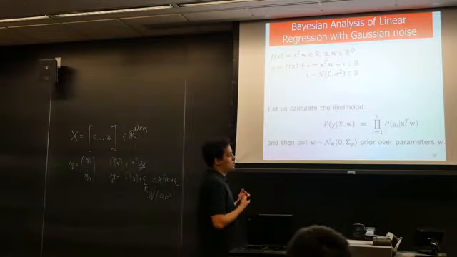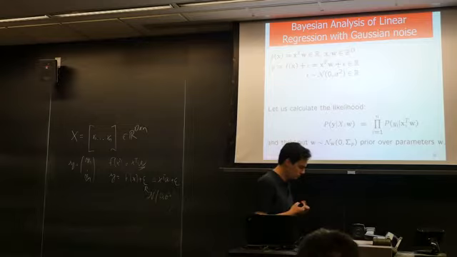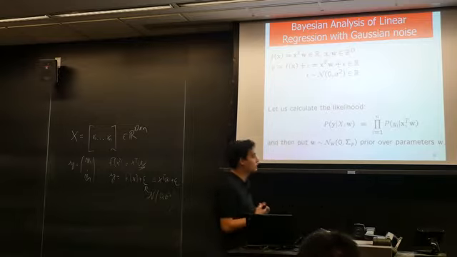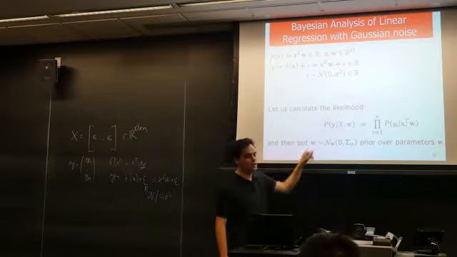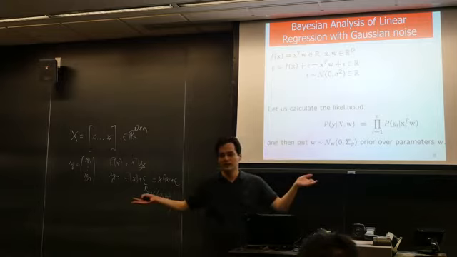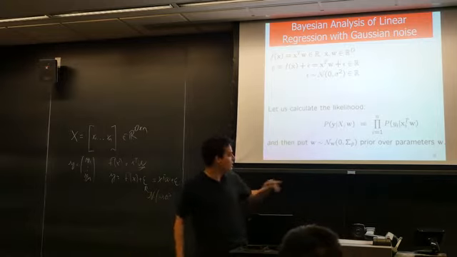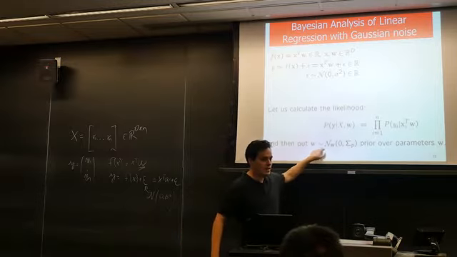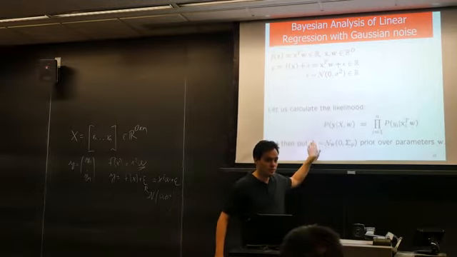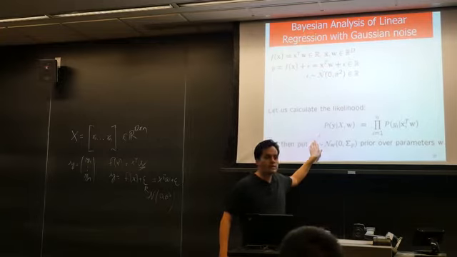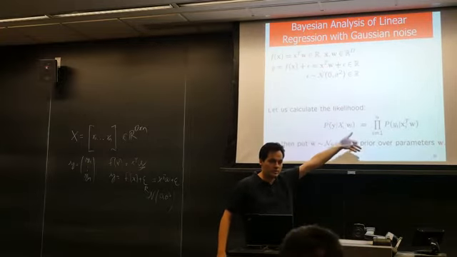And then we make an extra assumption: on the w weights, we don't just do a maximum likelihood estimation, we assume that we have a Bayesian prior distribution on the w's. Okay, so we will assume that we have this Gaussian distribution on w's, and we want to calculate the posterior distribution of w's after observing the data.